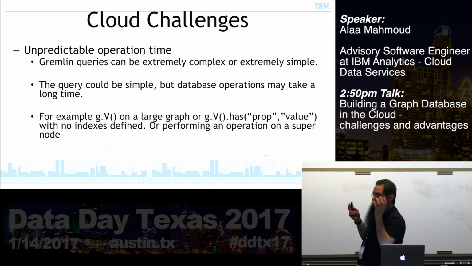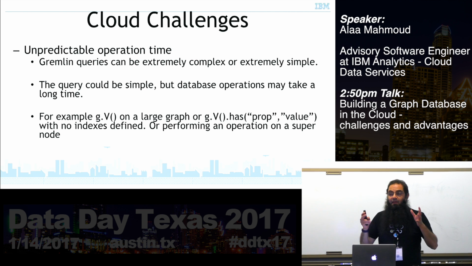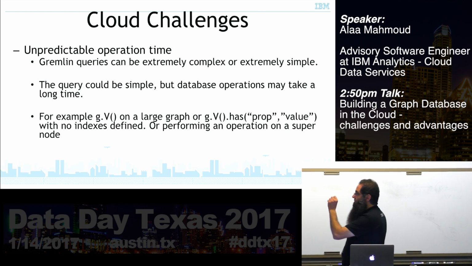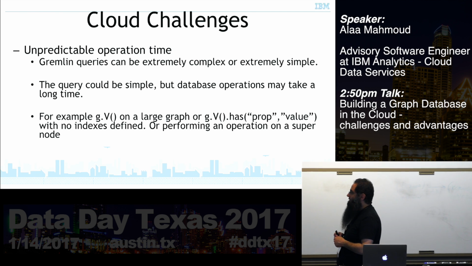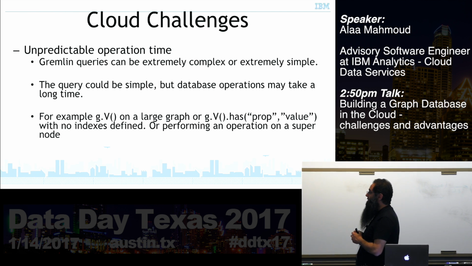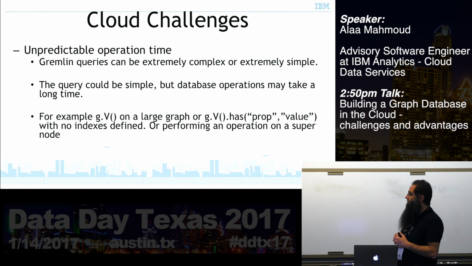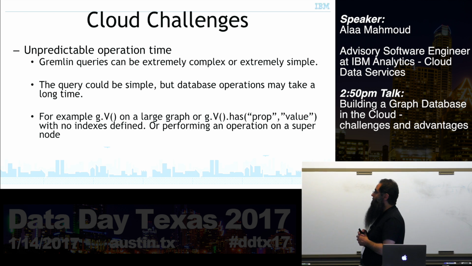It's like select star from all the tables that you have while joining them. It's unpredictable, and that's one of the very complex problems that is very hard to resolve when it comes to graph queries.